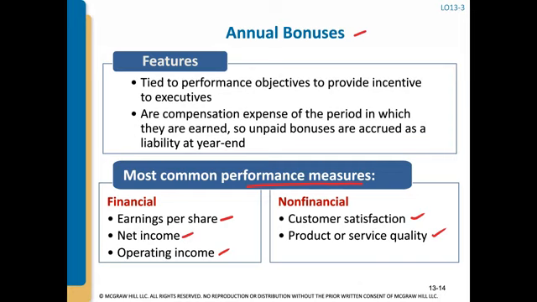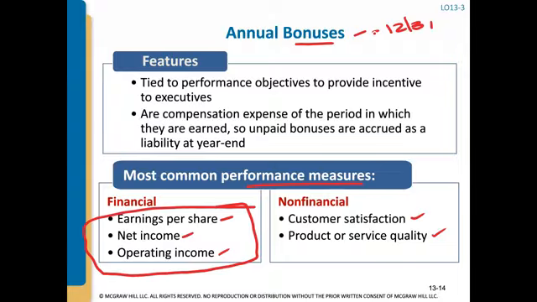But at year end, so assuming we have a 12/31 year end, the company will estimate how much bonuses have been earned for that year, and usually the bonuses will not actually be paid till either February or March of the following year. But since a lot of the bonuses are based on the year-end net income or earnings per share, the accrued bonus has to be estimated at 12/31.